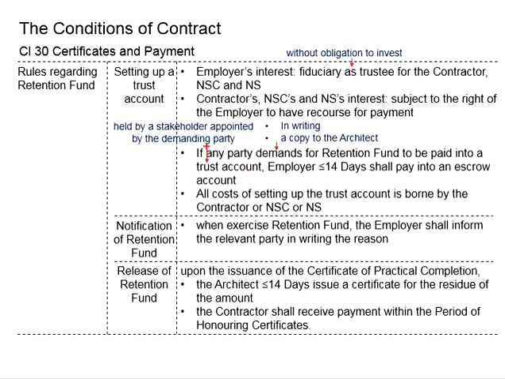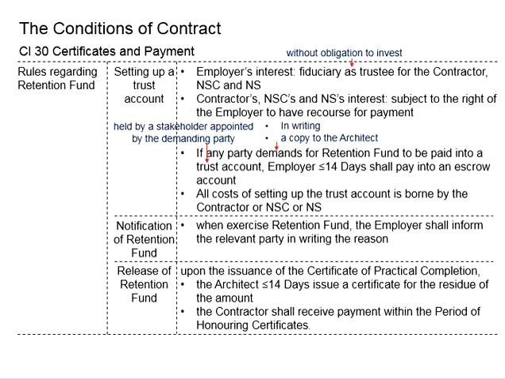Now, if any of the parties demands for the retention fund to be paid into a trust account, within 14 days, the employer will have to do so. The trust account here is so that this amount of money is held by a third party as appointed by the demanding party. Under these circumstances, the employer no longer holds this money.